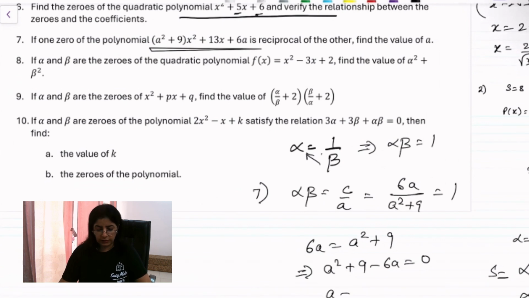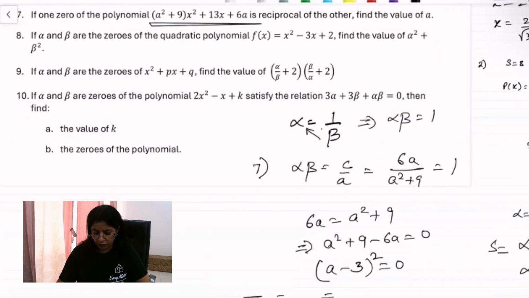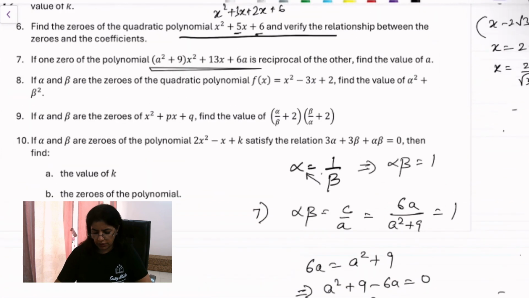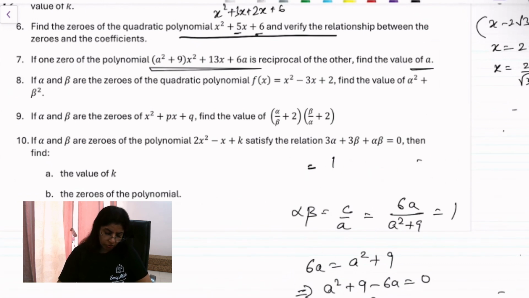We can see there is an identity applied, that means a minus 3 whole square is equal to 0. It implies a is equal to 3. We got the value of a. That's what we were supposed to find out. Moving on to the next question.